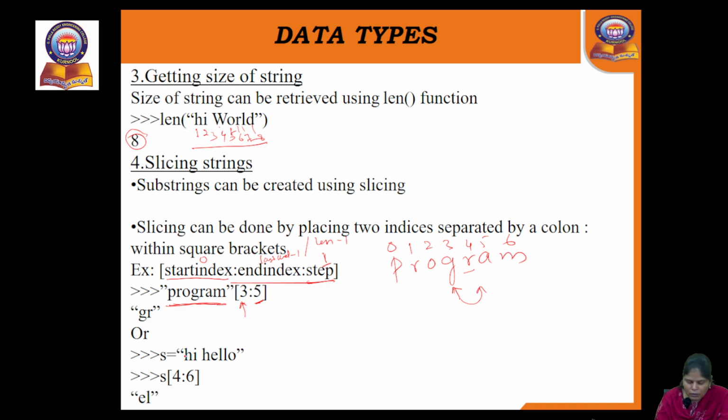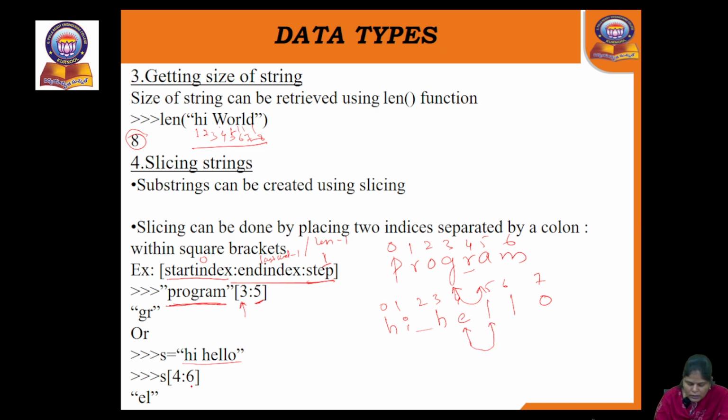Now let us consider this string, hi, and then some space, and next HELLO. This is 0, the next 1, 2, 3, 4, 5, 6, 7, right? So here 4 colon 6. It goes to the 4th index, next it increments to the 5th index.